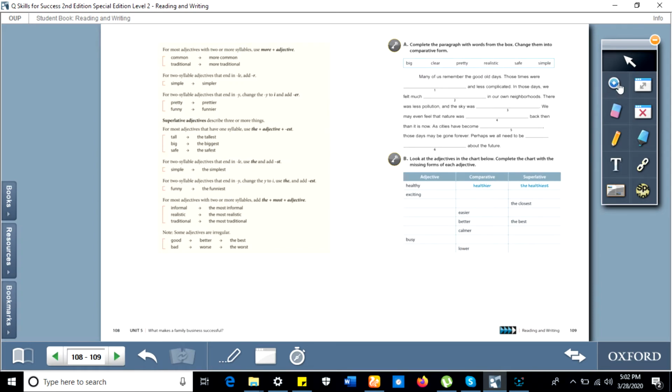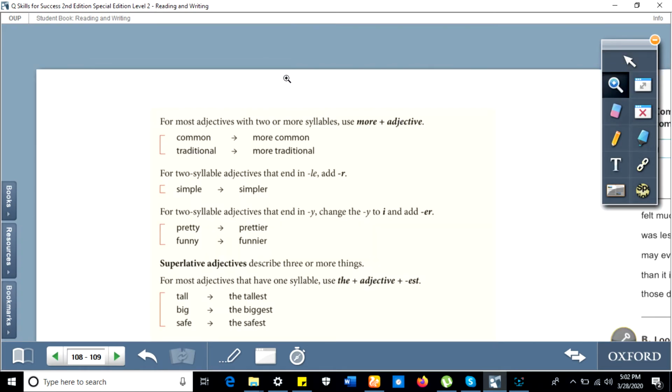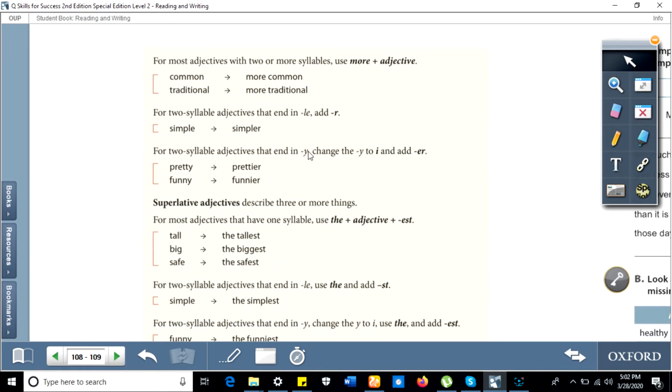Next, for most adjectives with two or more syllables, use "more".